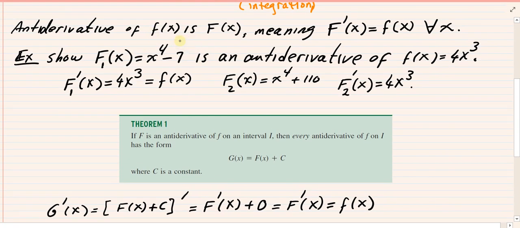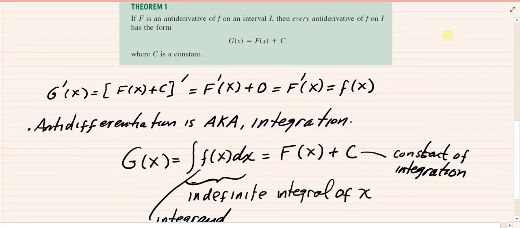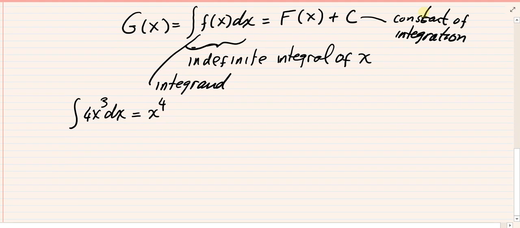And because we're looking at the family of antiderivatives, we're going to use c here. So I'm not going to put minus 7. I'm just going to say it's x to the 4 plus c. That would cover all of them. Remember, this is what g of x is, and we're looking for g of x. Okay, so there you go.